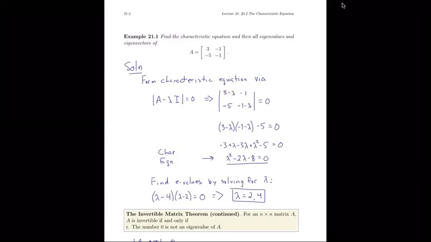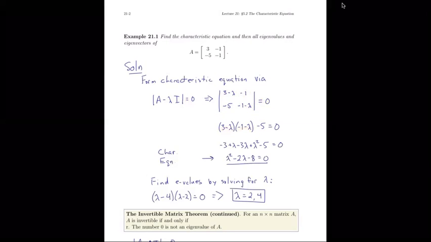Now we need to take the determinant of this matrix. When we do so, we get these two products for the top left to bottom right diagonal. And then we get negative 1 times negative 5 with a negative parity, so we have minus 5. All this is set equal to 0, as this reminds us to do.